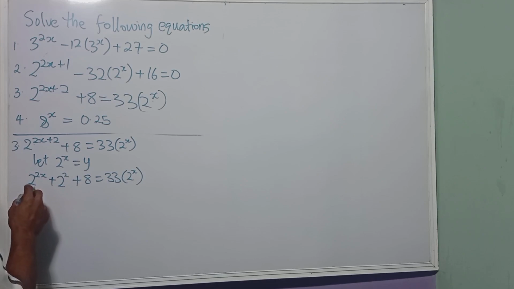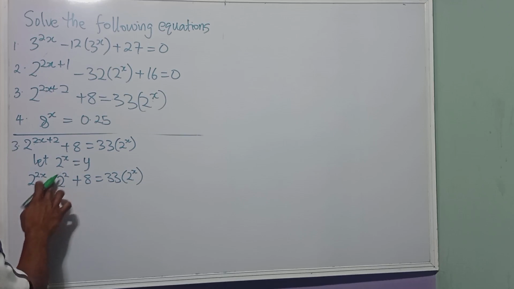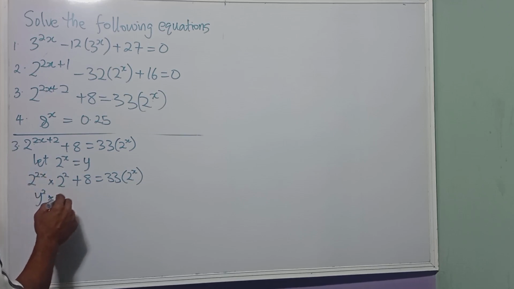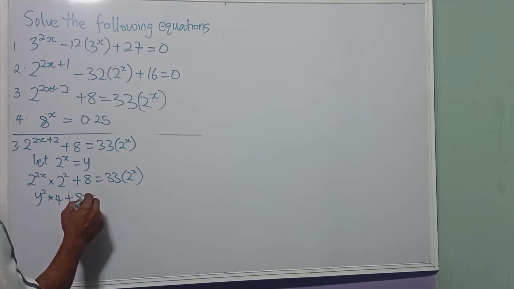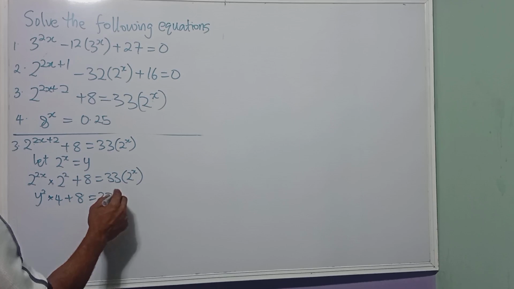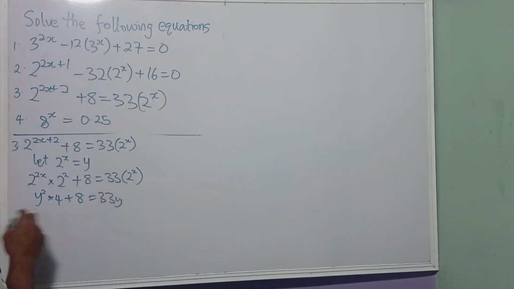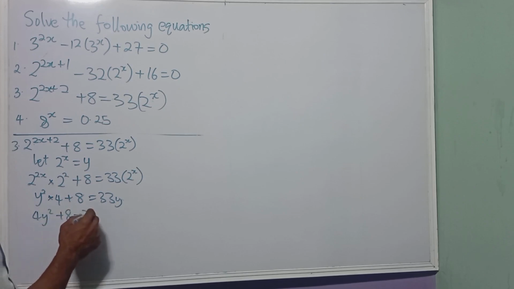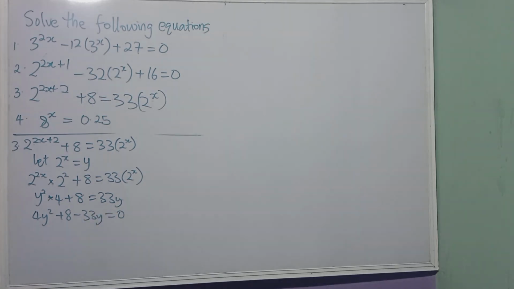This gives us y squared times 4 plus 8 equals 33y. So this becomes 4y squared plus 8 minus 33y equals 0. Rearranging into a full equation, we have 4y squared minus 33y plus 8 equals 0.